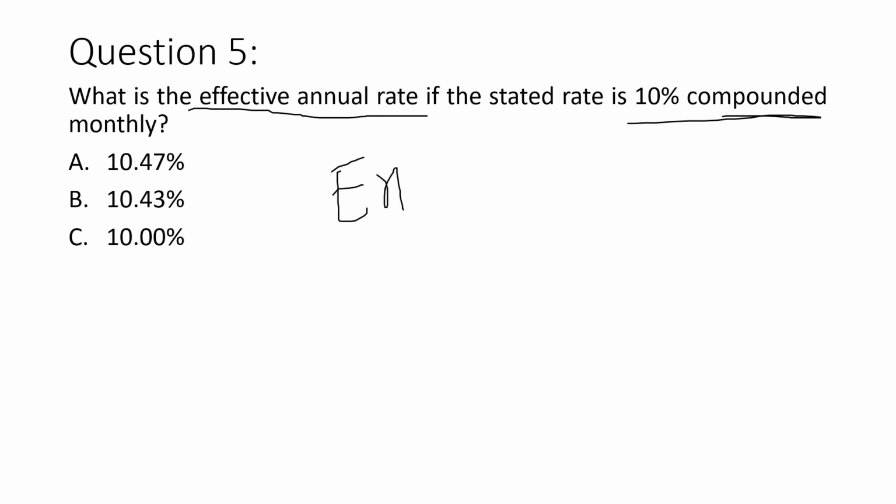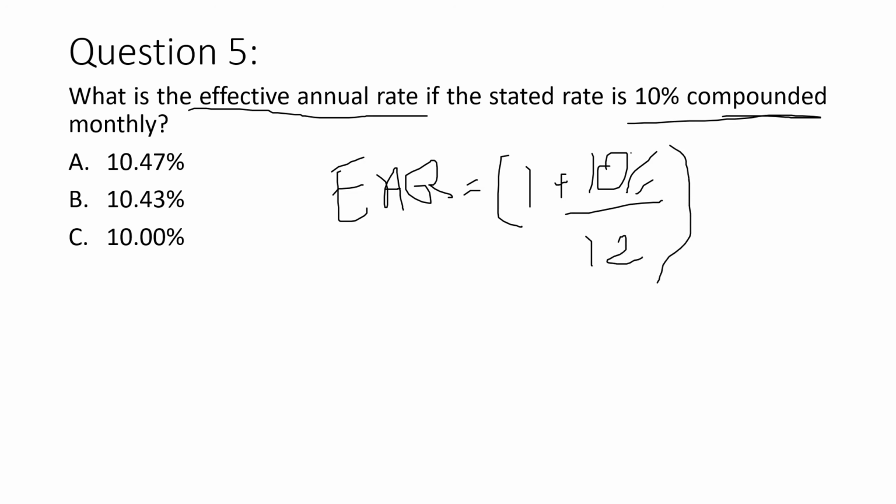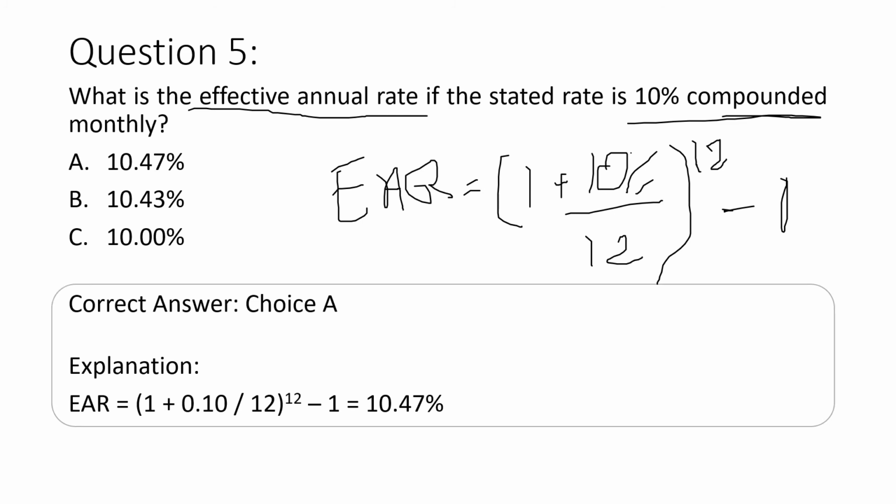The formula is that the EAR is 1 plus 10%, however the 10% is compounded monthly. So we divide by 12 and we directly put to the power 12 and we remove the effect of minus 1. So our correct answer is choice A, exactly how we did it up there.